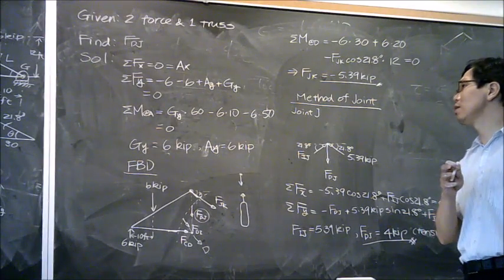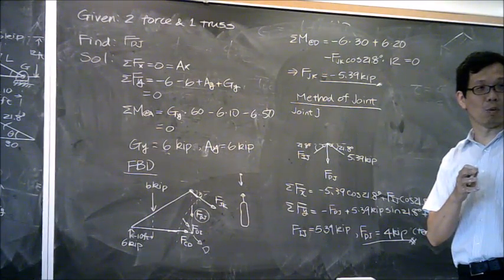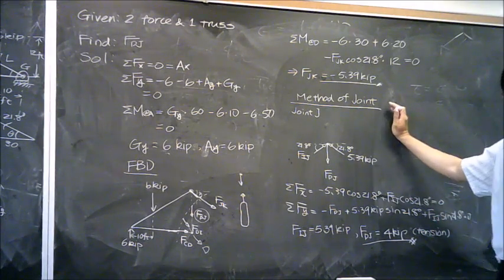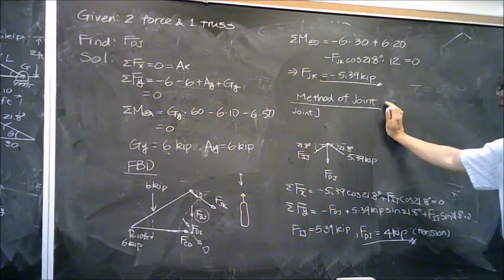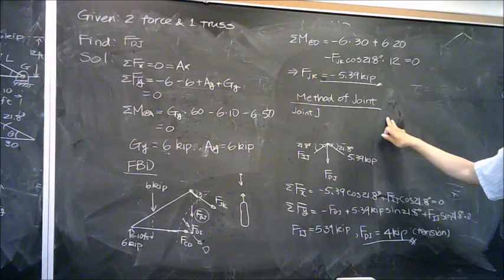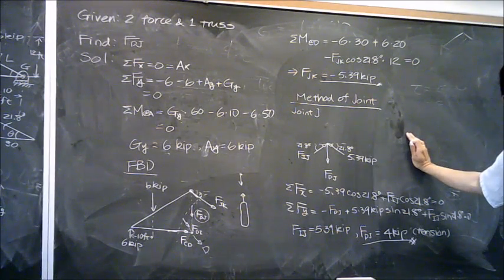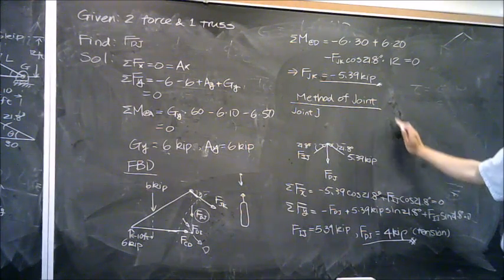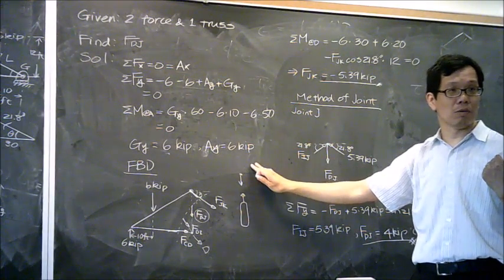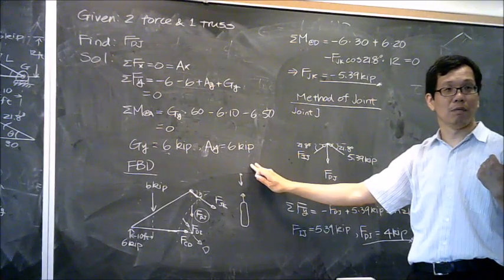Okay, I wouldn't say this kind of thing is so easy to visualize, what you need to do in particular. Most of you might not really know you should use method of joints at this moment, but try to understand the process I'm working through over here. Rule of thumb: if you have only 3 unknowns, just do method of sections, because that's more straightforward and you are less likely to make mistakes.